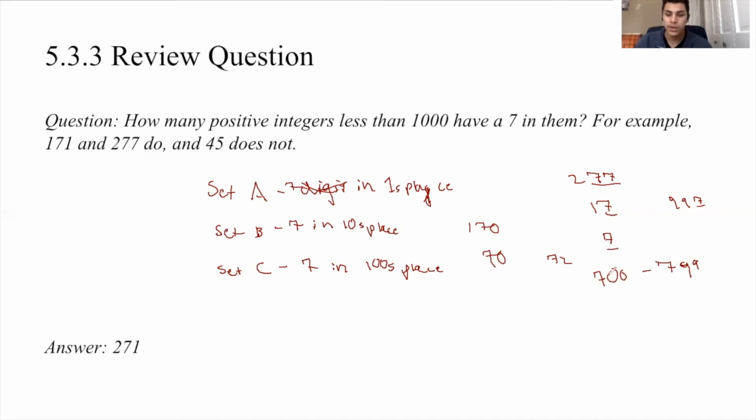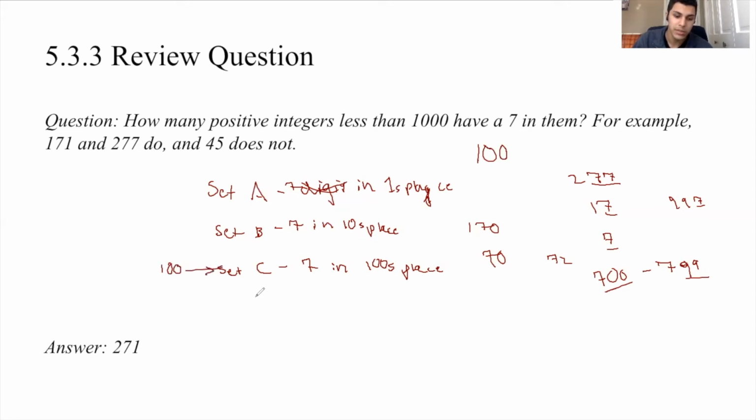Well, if we have all the numbers from 700 to 799, that is 100 numbers total. And this might throw you off because you say, well, it ends in 99. Shouldn't it be 99 numbers total? That's assuming you're starting from 701, but we're including the number 700 as well. So that's our 100th number. So there are 100 numbers in set C.